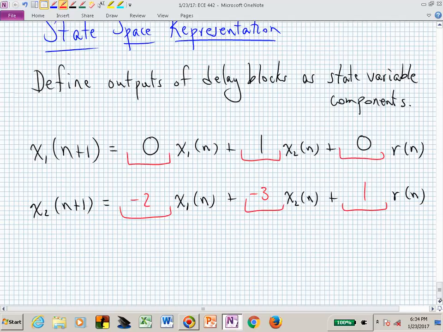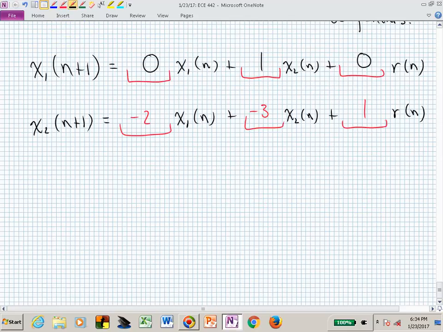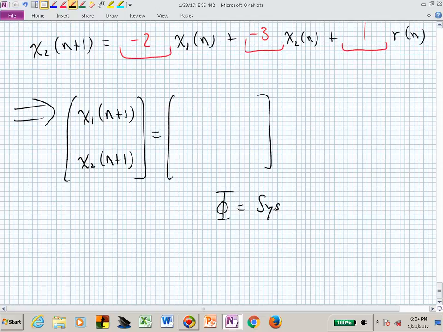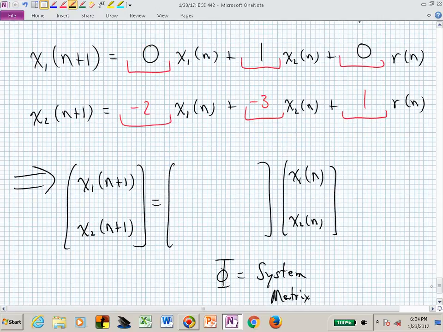Wow. Now we have a state space representation, a discrete time state space representation. We can now write this in vector and matrix form, meaning we can now have x1 of n plus 1 stacked on top of x sub 2 of n plus 1. And that's going to equal some system matrix phi, which is going to be square because it's going to multiply x1 of n, x sub 2 of n, and its result is going to produce 2 rows.